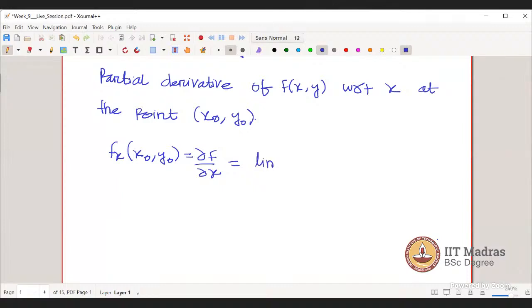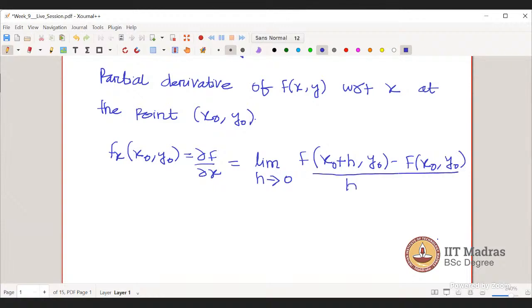This is nothing but the limit as h tends to 0 of f(x naught plus h, y naught) minus f(x naught, y naught) over h, provided that this limit exists. As you can see, we are not changing the second variable, because we are doing the partial derivative with respect to x.